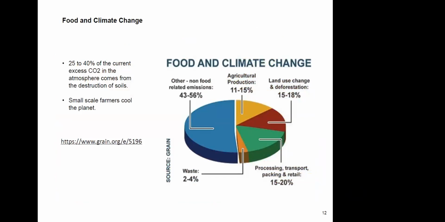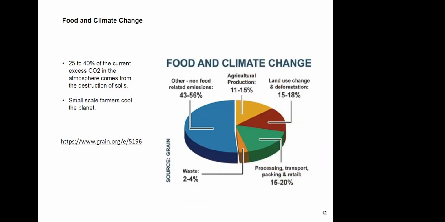Just one slide about food and climate change, because there are huge debates around this at the moment. These are the statistics from GRAIN, which is an absolutely excellent NGO dealing with food and all of the problems of food. They bring out oodles of reports about food in all different parts of the world and agriculture.